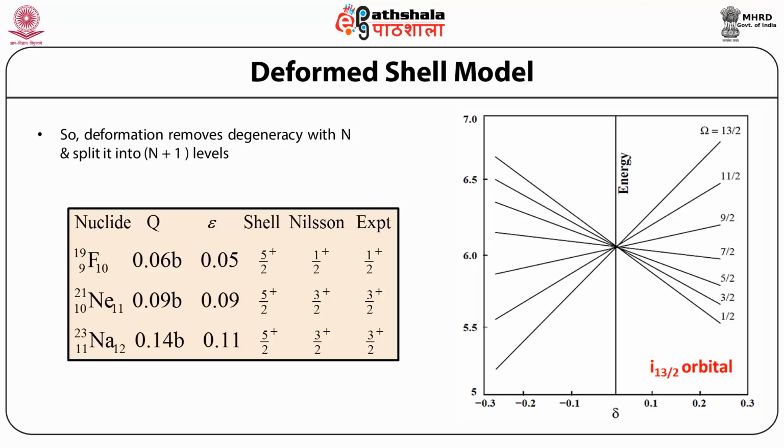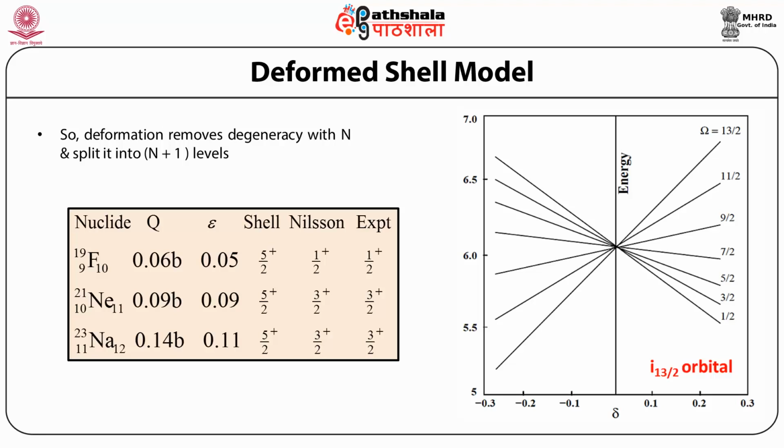Here on the right hand side, a picture is shown in which the various split sublevels of the I13/2 orbital are given. Basically, the I13/2 orbital as a function of deformation is plotted for a deformed nucleus. Here the I13/2 orbital splits into 7 levels with omega equal to 1/2 as the lowest value: omega equal to 1/2, 3/2, 5/2, 7/2, 9/2, 11/2 and 13/2, in increasing order of energy.